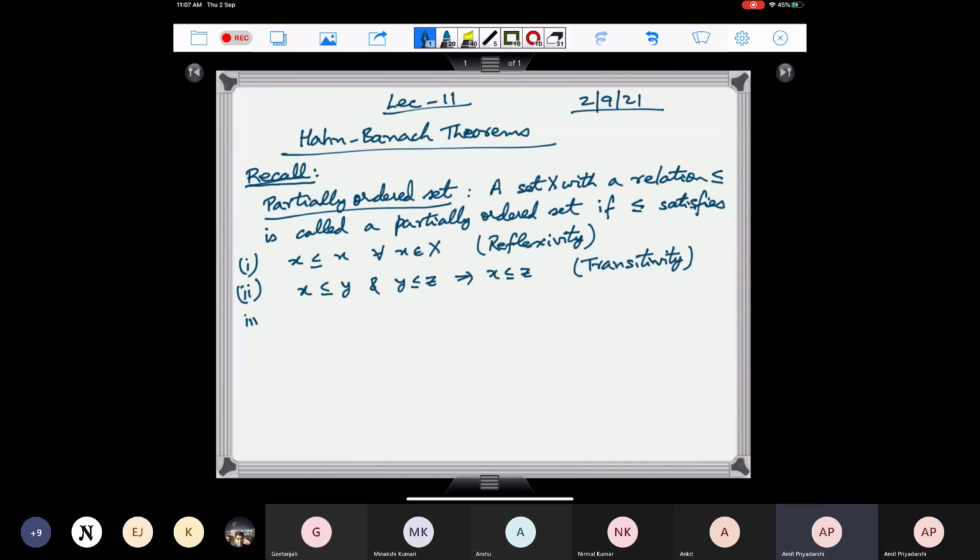And the third one is antisymmetry. So if x is less than equal to y and y is less than equal to x, then this implies x is equal to y. This is antisymmetry.